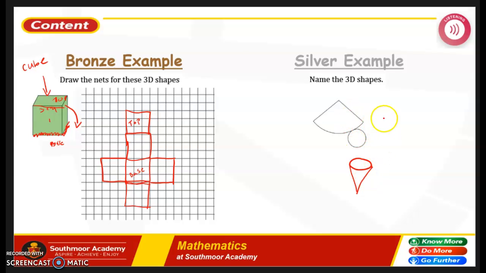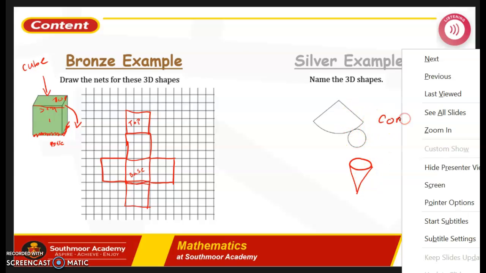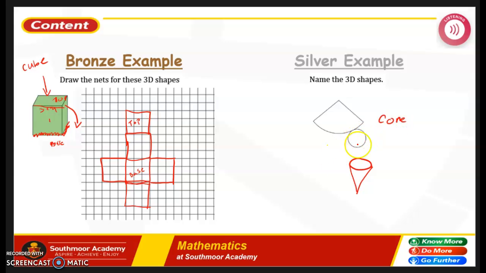So this here is a cone. So that's the top, and this is the side. Okay, so that's your bronze and silver example there.